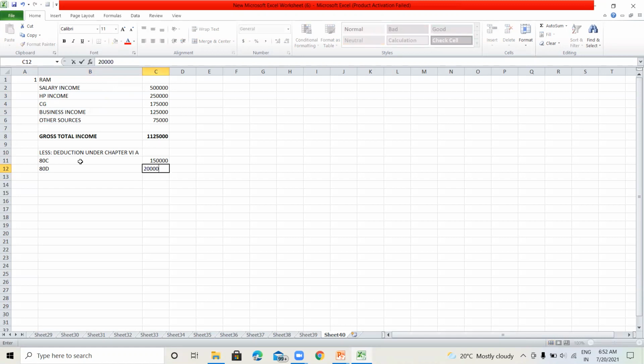For the example, 20,000. And 80G, donation, just like 75,000. 80E, higher education, interest on loan on higher education. For the example, 25,000.